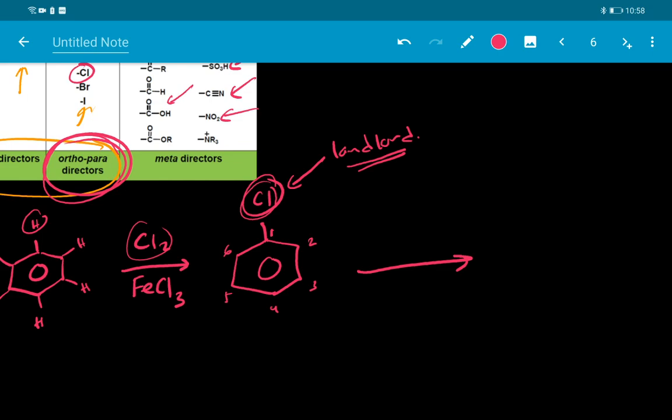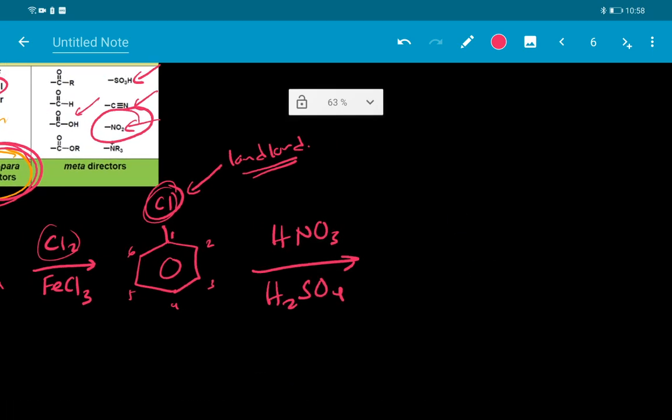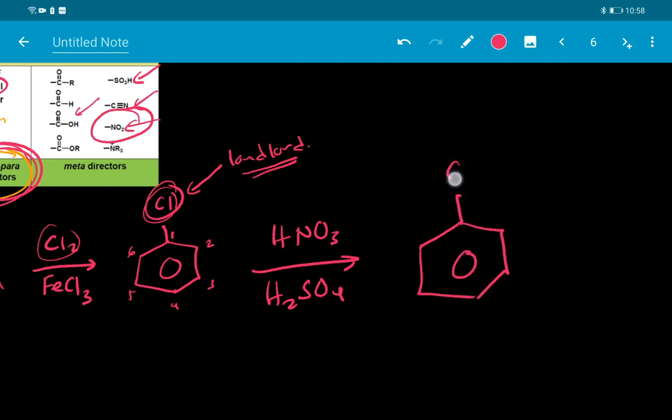For instance, let's put NO2 inside the ring. In order to put NO2, we need to add nitric acid together with sulfuric acid. What's going to happen then is the same process where the NO2 will go to any of the empty room.